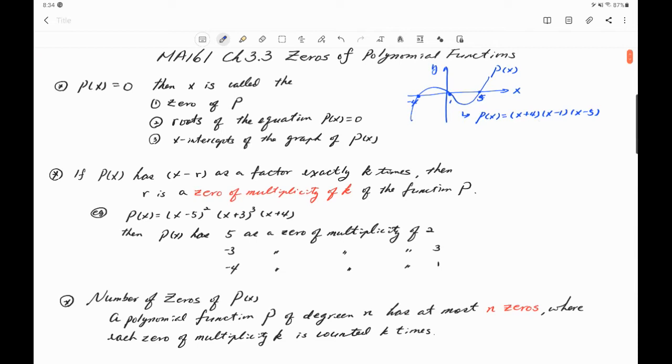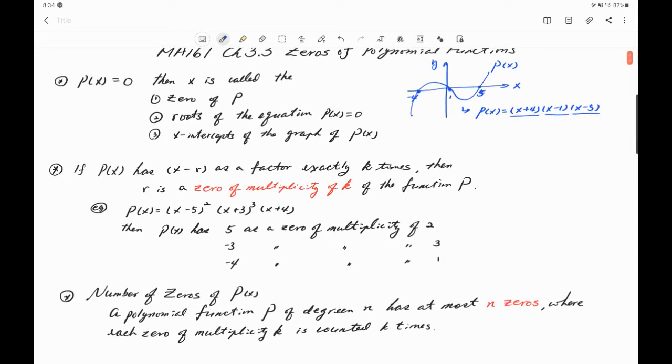Because when we make the polynomial equal to 0, the x values are negative 4, 1, and 5. So using each x-intercept, we can write a factor, and take the product of these factors.